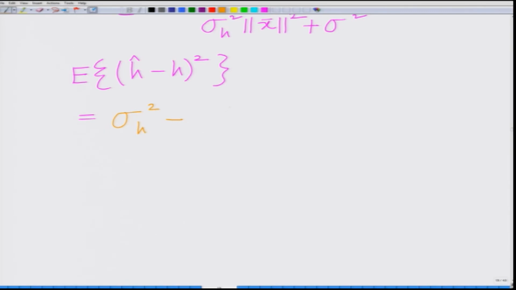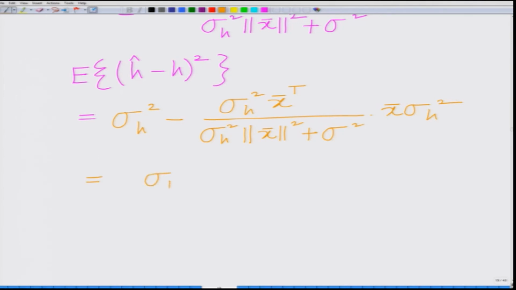So, this is equal to sigma h square minus sigma h square x bar transpose divided by sigma h square norm x bar square plus sigma square into x bar sigma h square, which is equal to sigma h square minus sigma h to the power of 4.